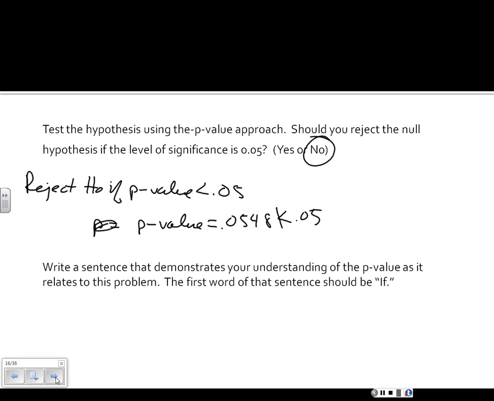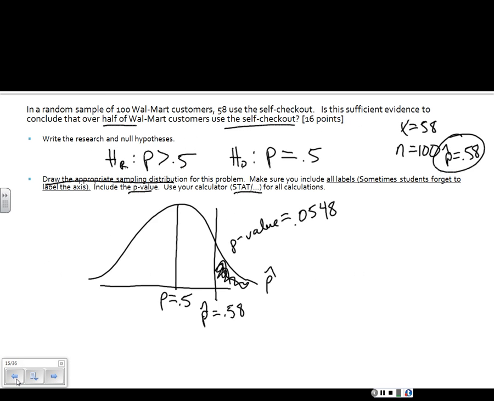I'm going to go back one slide to answer this next question. I'm going to make that if-then statement, and it'll be, I think, a little easier to see if we're back on this slide. We're basically just putting into words the sampling distribution.